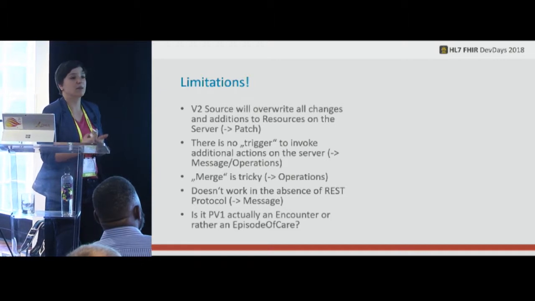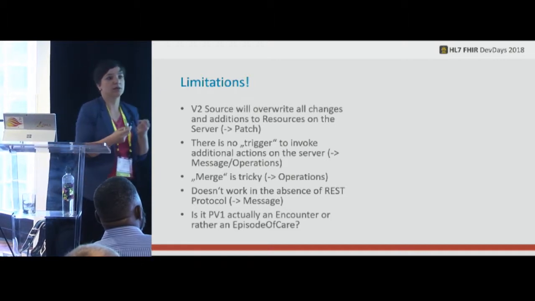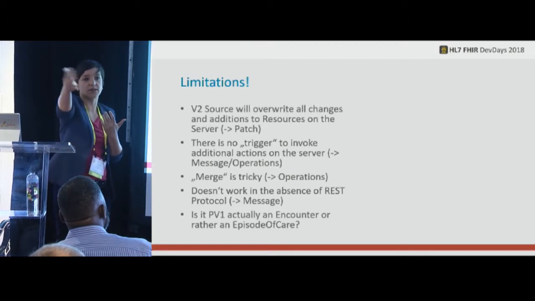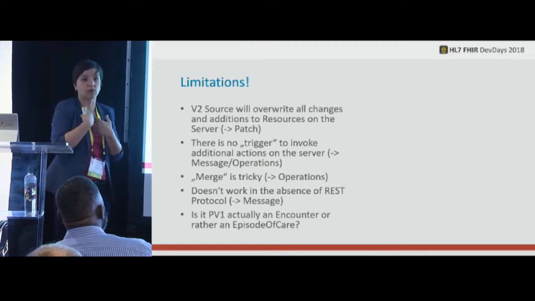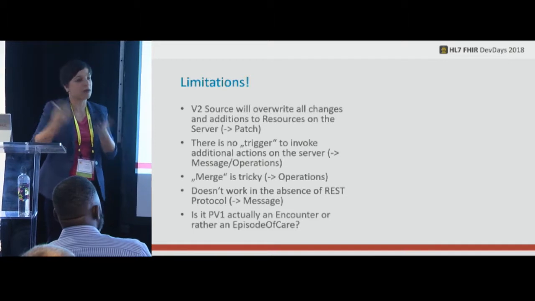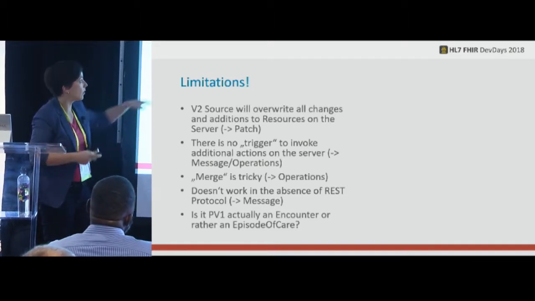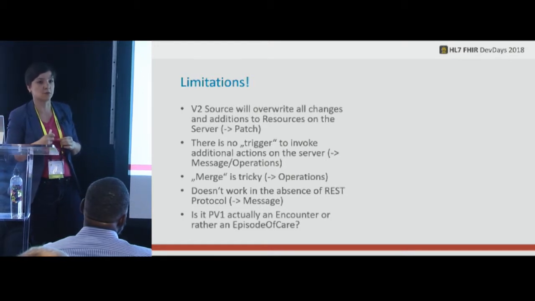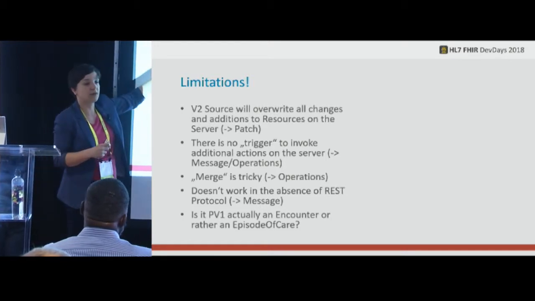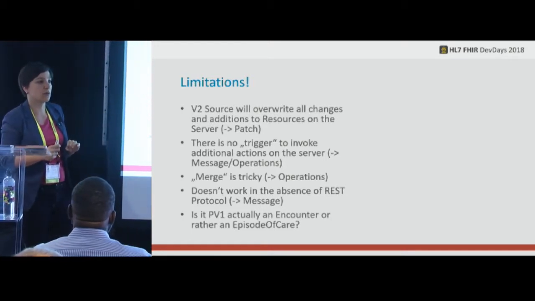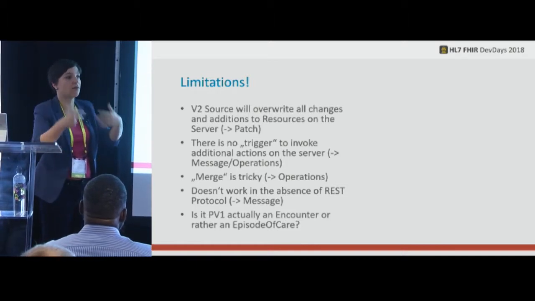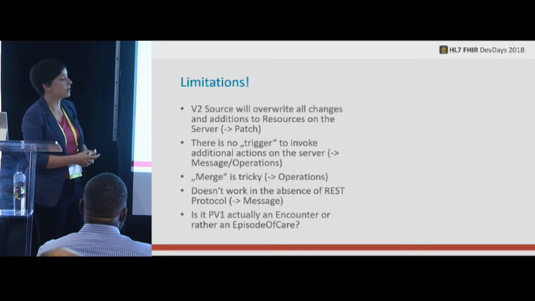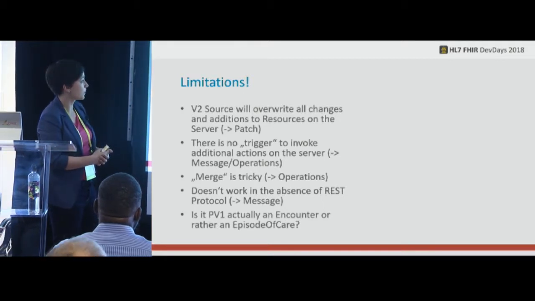Because we can't somehow differentiate between, I mean, of course, we could check for concurrency, but then if we find that the server has newer information than we do, then what do we do? Do we just throw away all the updates? Or, I don't know. We just have to figure out whether the V2 system really is the source of truth for the information that we have in these messages, and to understand that whatever happens on the FHIR server will be overwritten by any new information that comes from the V2 system.